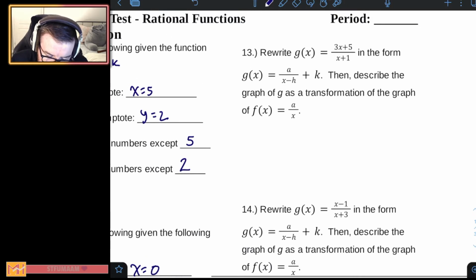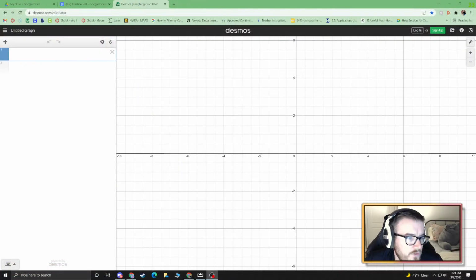Back over here to 13. Rewrite (3x + 5)/(x + 1) in the form a, h, k, then describe the graph of g as a transformation. There is an algebraic way of doing this, but to be perfectly honest, I prefer figuring it out with Desmos.